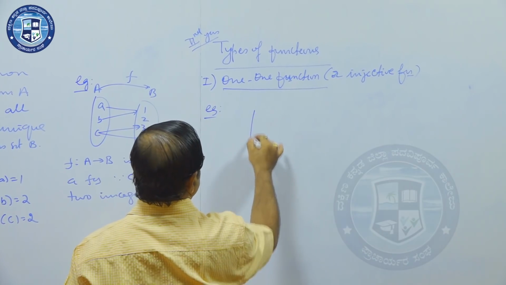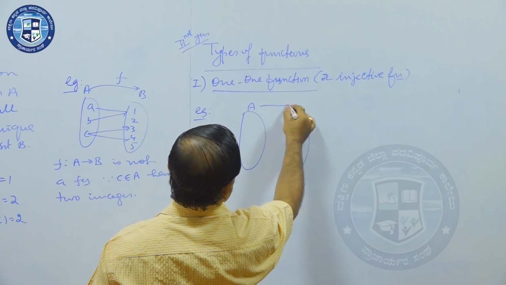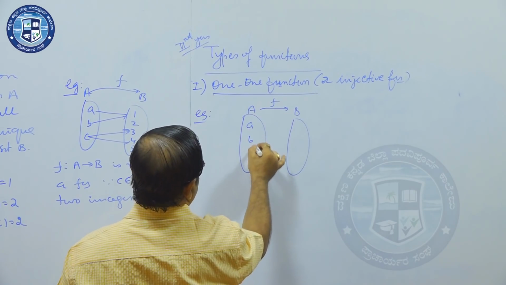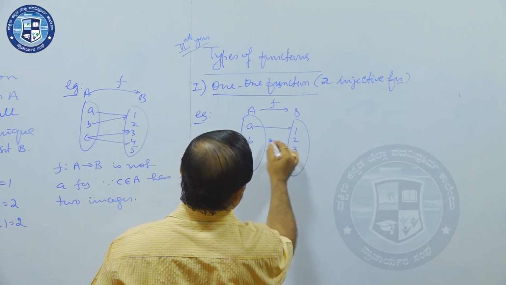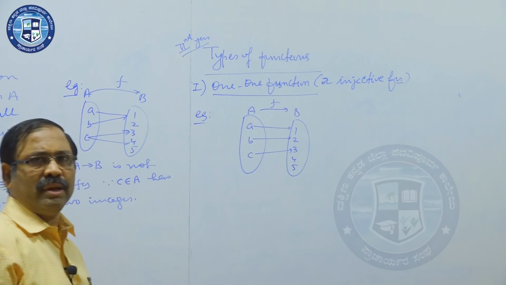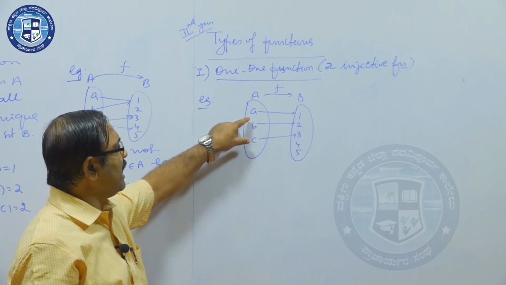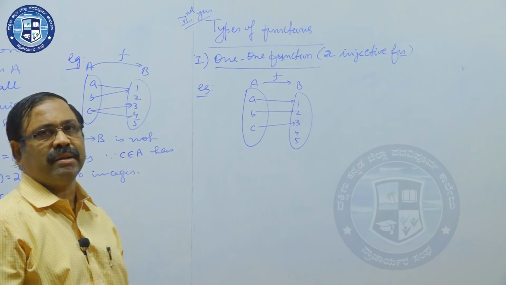See, let us consider set A and set B. Consider the elements A, B, C, 1, 2, 3, 4, 5. A is mapped onto 1, B is mapped onto 2, C is mapped onto 3. That is, distinct elements of set A have distinct images in set B.